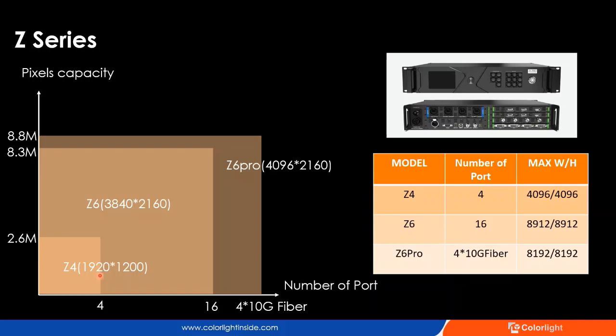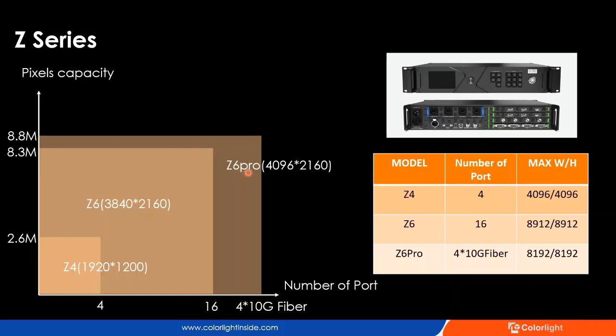Z4 is an entry-level 2K processor, and it can handle 2.6 million pixels. Z6 can handle 8.3 million pixels. The maximum resolution is 3840 by 2160.